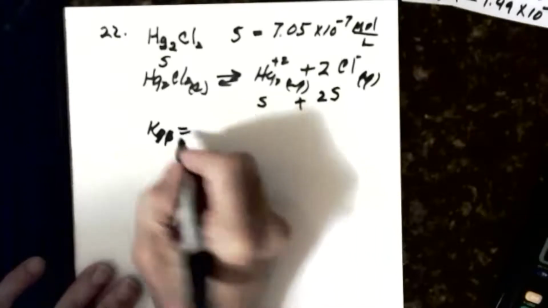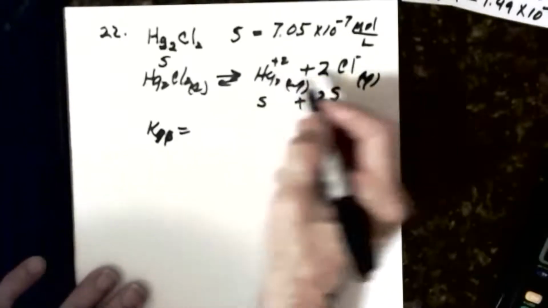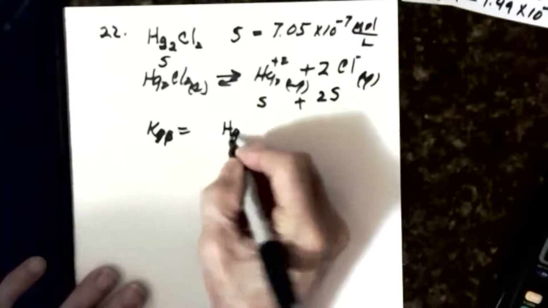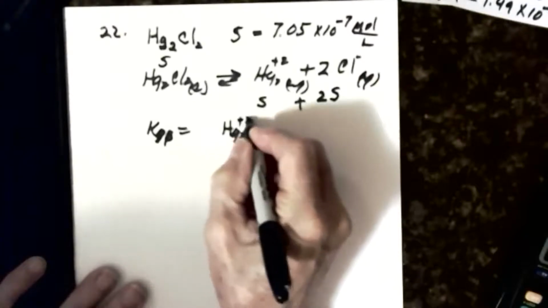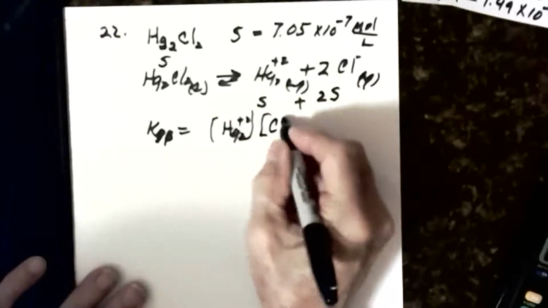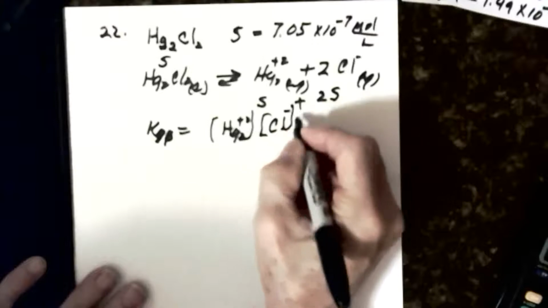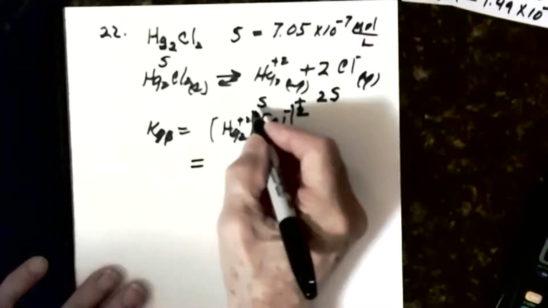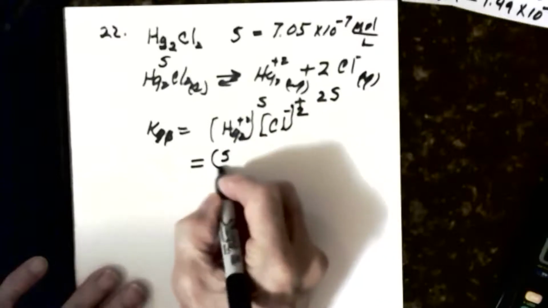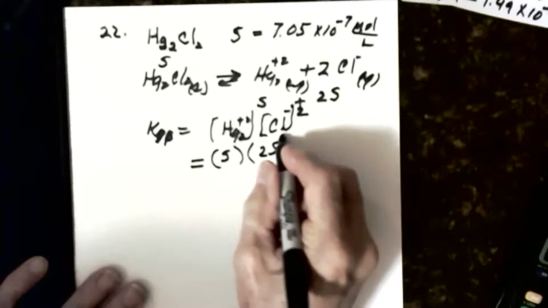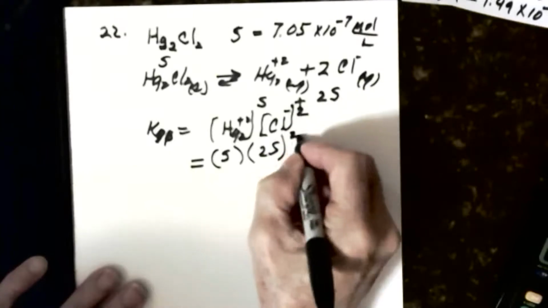the KSP, is going to be this times this squared. So it's going to be the Hg2 plus 2 concentration times the Cl minus concentration, squared. And now let's put in the values here. The solubility is S, so I'll get S moles per liter of this. I'll get 2S of this. It's squared.